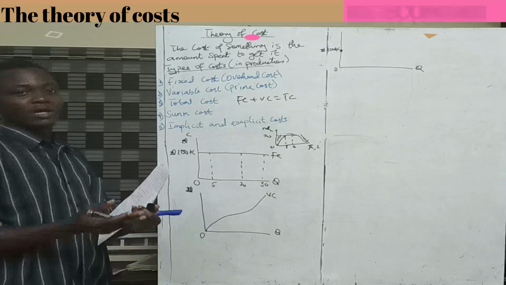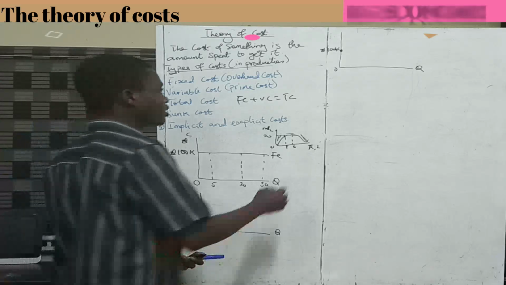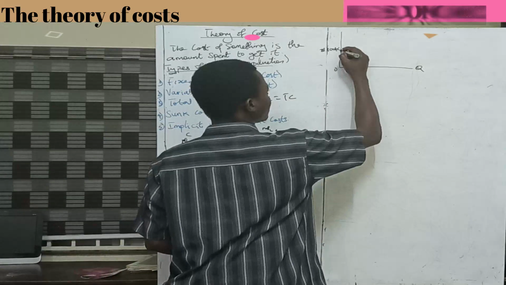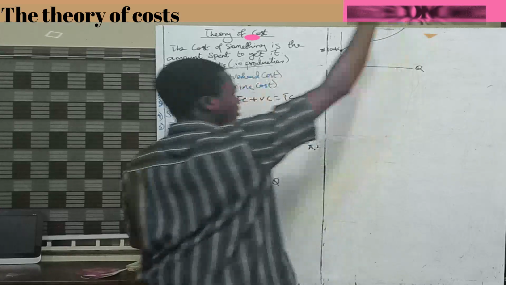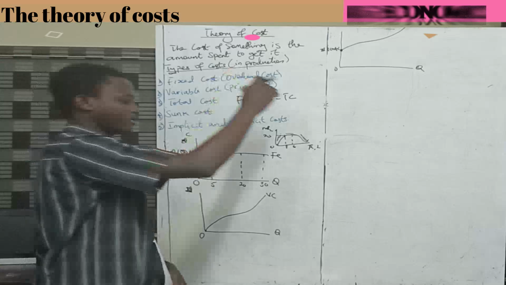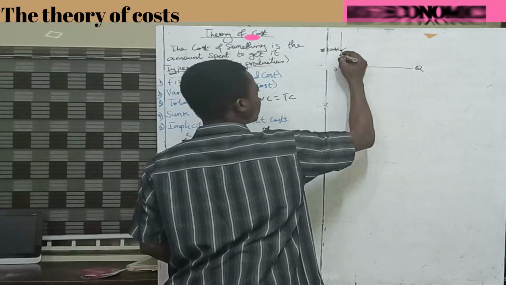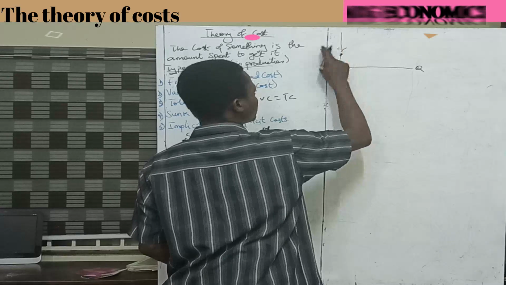Then the attribute of the variable cost is the shape. It will inherit the shape of the variable cost curve. So it's going to be like this as well, just this shape. Sorry for my graph. I can start from here. So let's say my 100k is here.